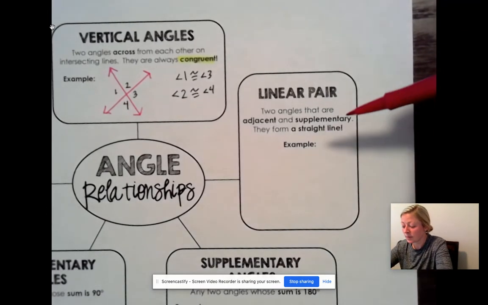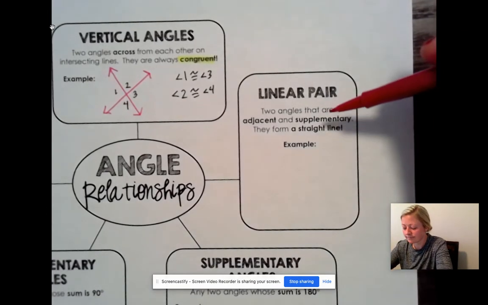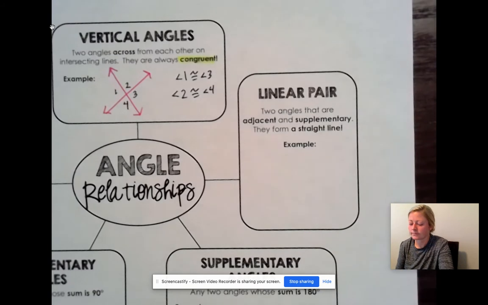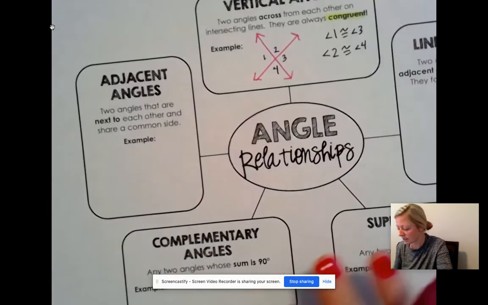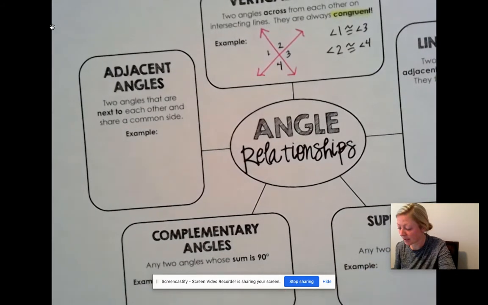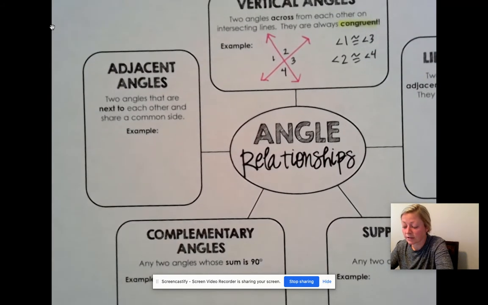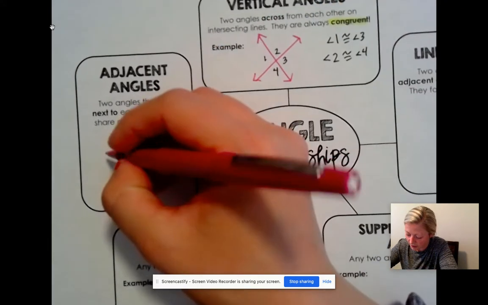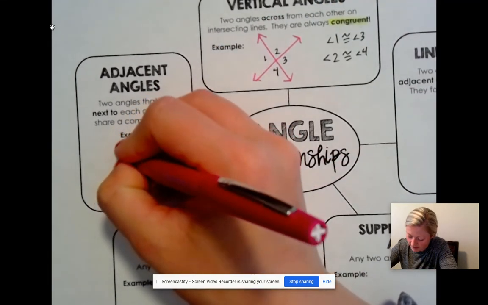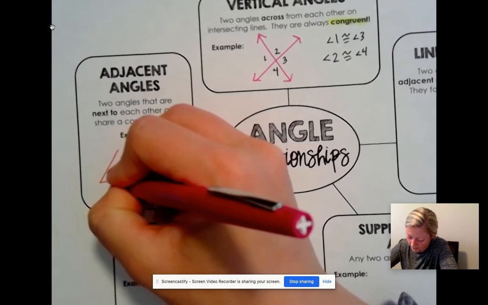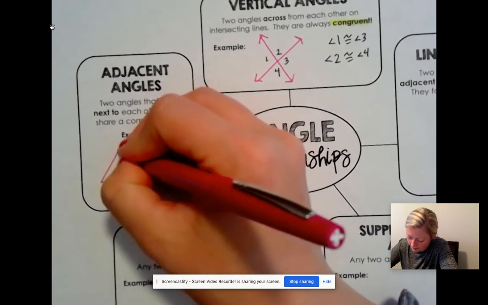Okay, let's shimmy over to linear pairs. So a linear pair are two angles that are, just kidding. Let's do adjacent angles. We've got to know what these are first. My bad. Okay, adjacent angles: two angles that are directly next to each other and share a common side. So let's just draw to see what that looks like. Let's say I have an angle like this.